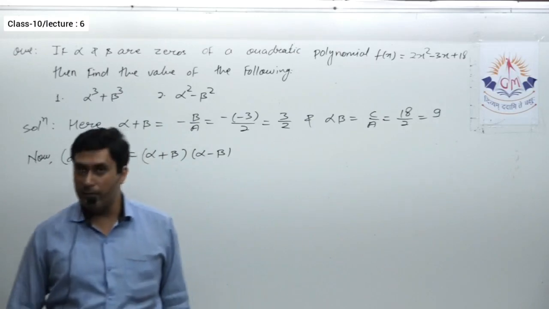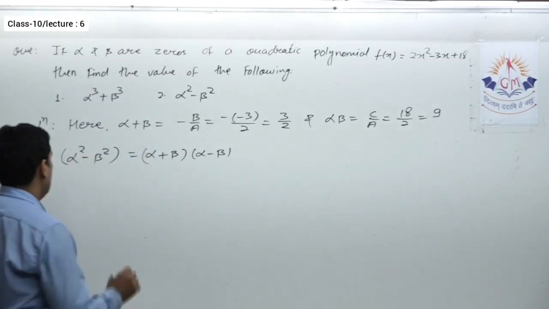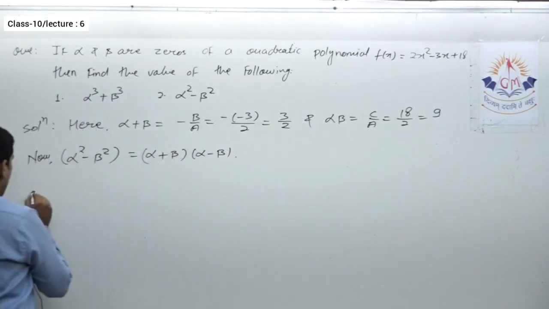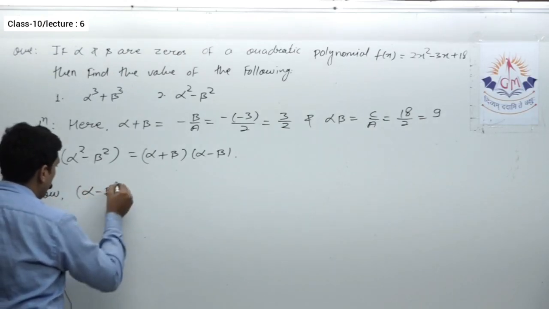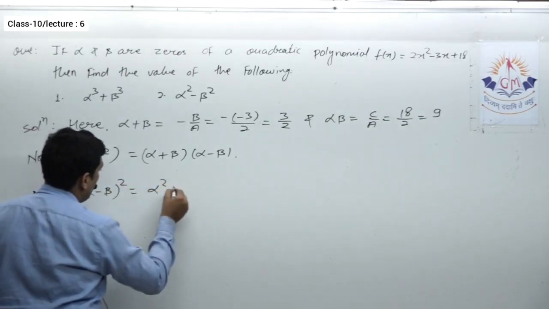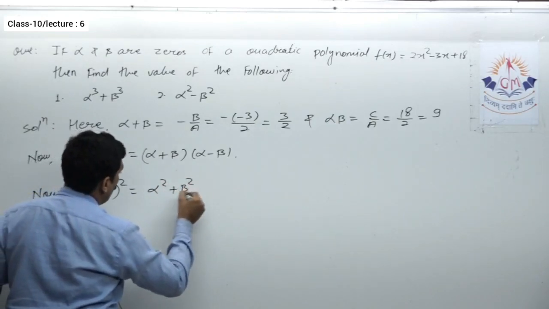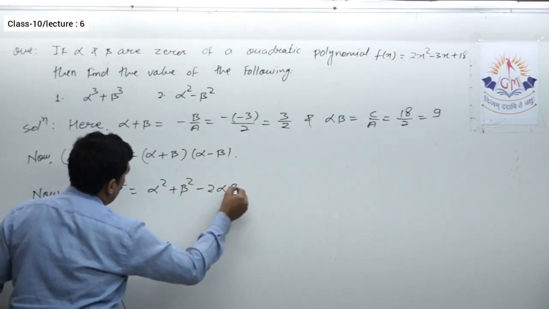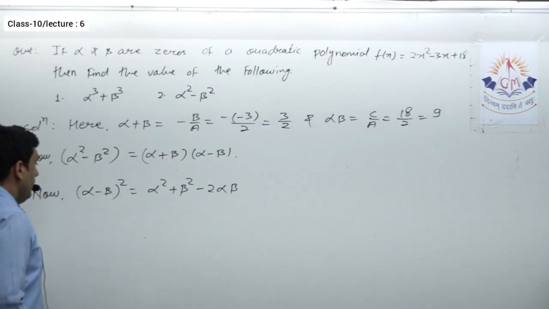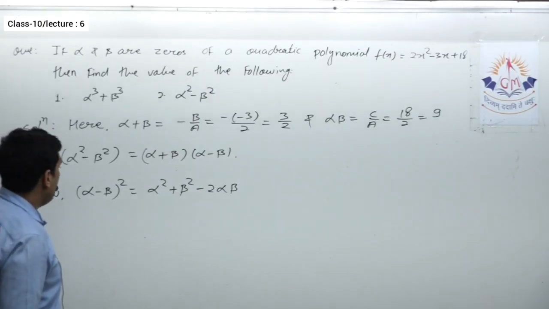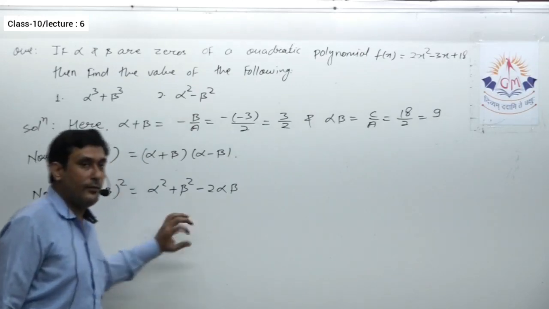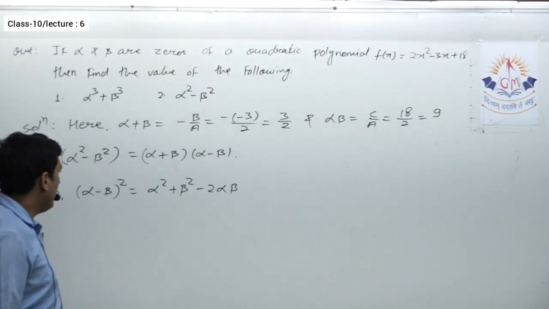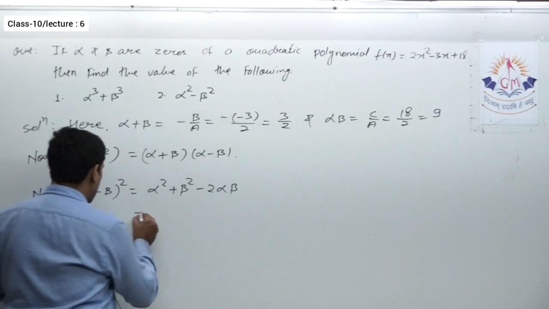Now we have to find the value of alpha minus beta. Alpha minus beta whole square, I can write as alpha square plus beta square minus 2 alpha beta. To get alpha minus beta, I need the value of alpha square plus beta square.